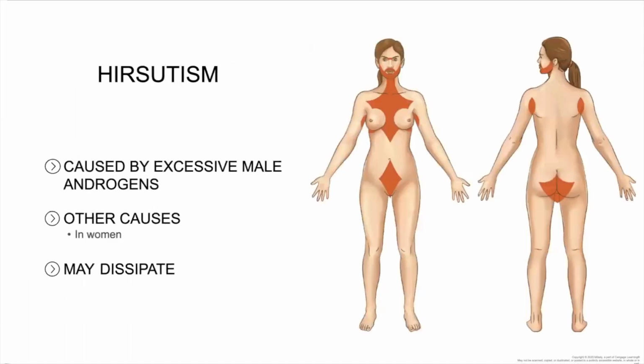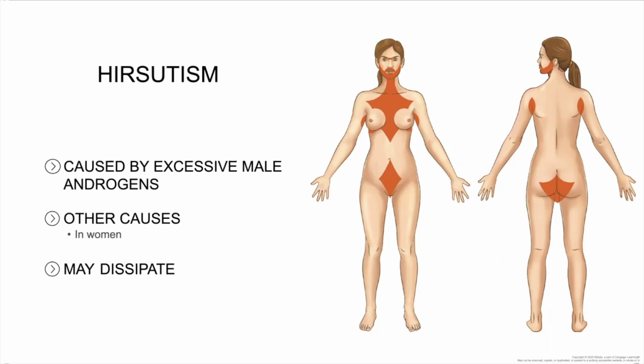The next one is hirsutism, which is caused by excessive male androgens. It is excessive hair growth on the face, chest, underarms, groin, and especially in women. This is caused again by excessive male androgens in the blood. It may be caused by puberty, medications, illnesses, stress, and may be resolved by eliminating the cause of the condition.